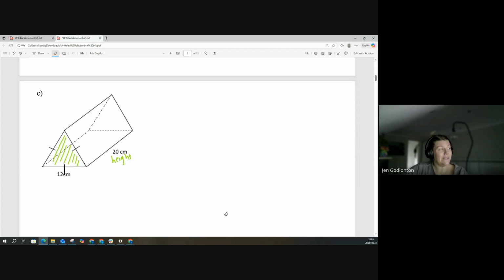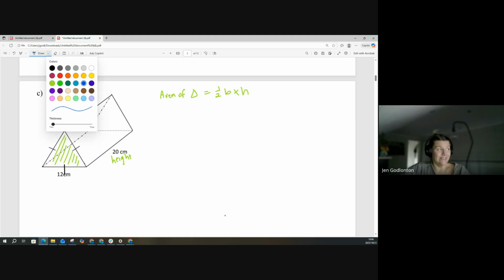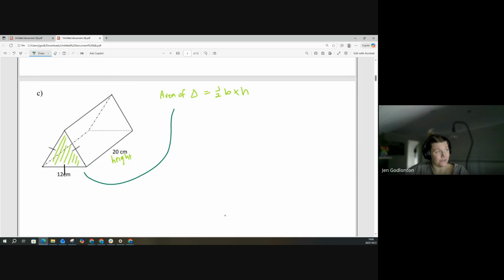So now we need to figure out the area of that base over there. And the area of a triangle is half base times height. This is a special triangle because it's an equilateral triangle. Which means that all of those sides are 12.